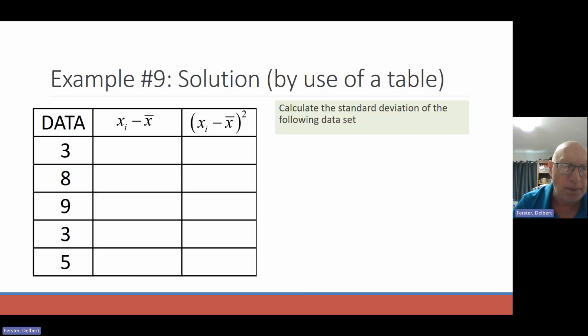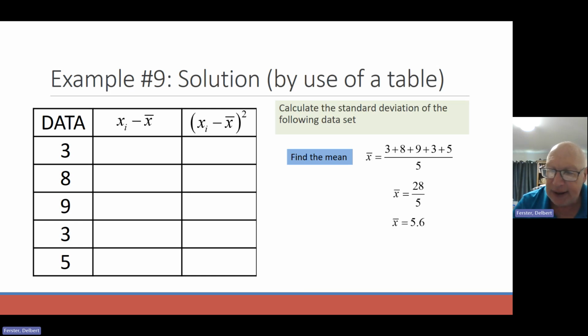So what do we do? Well, we're going to find the mean first. So that means we're going to have to add up the 3 and the 8 and the 9 and the 3 and the 5. And we'll be dividing by 5 because there are 5 data points. It's 5.6. So your next step to populate that table is to find the difference between each data point value and the mean.